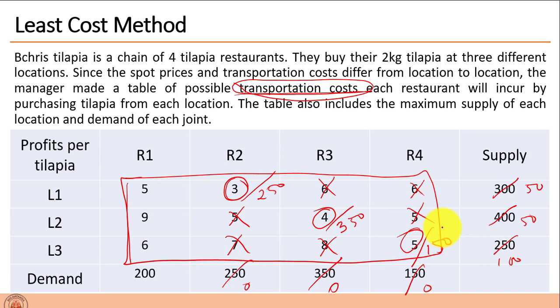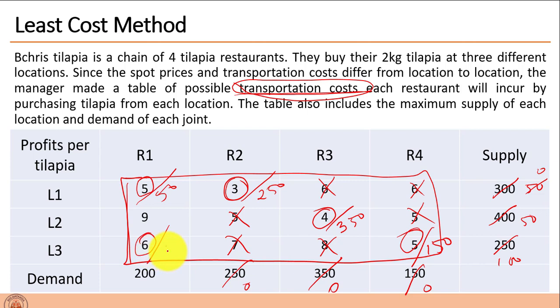On the supply side, L1 still has 50 in stock, L2 still has 50 in stock, and L3 still has 100 in stock. So we go back to the very first column, R1, and provide them with 50 from L1. So 50 is gone here. Come to the 6 here, this 6 unit cost, that is L3 providing R1.